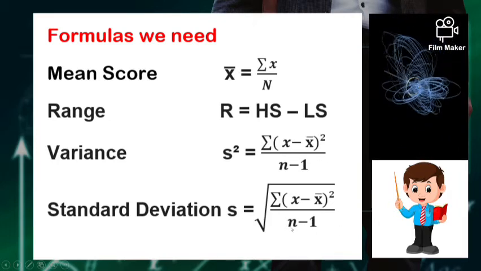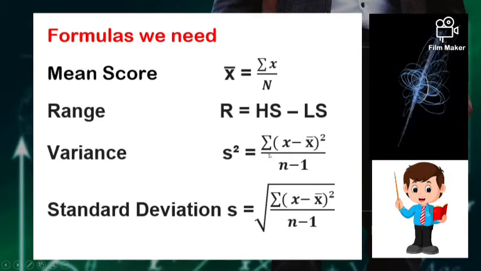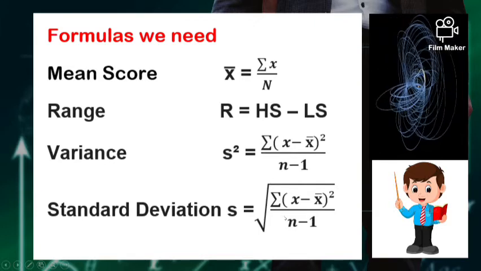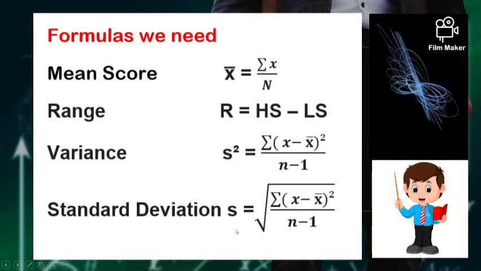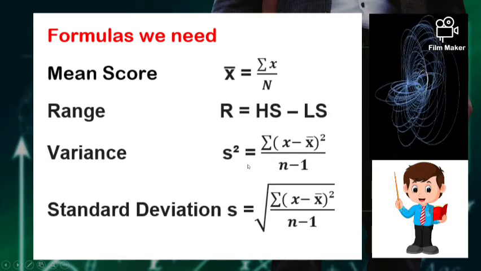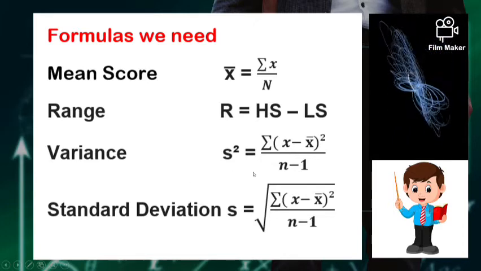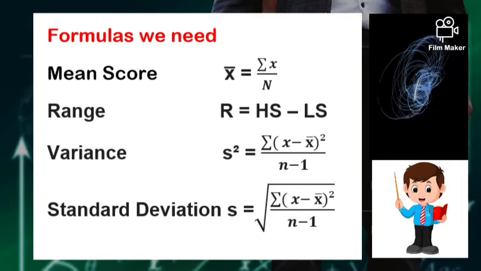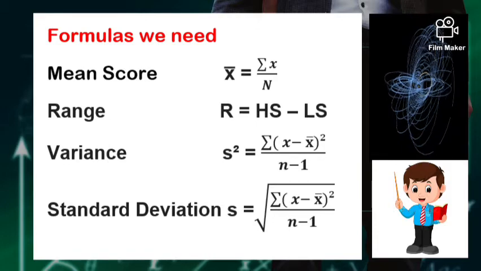So you can see our variance has the square root extracted, then it becomes the standard deviation. You cannot have your standard deviation without solving your variance first.